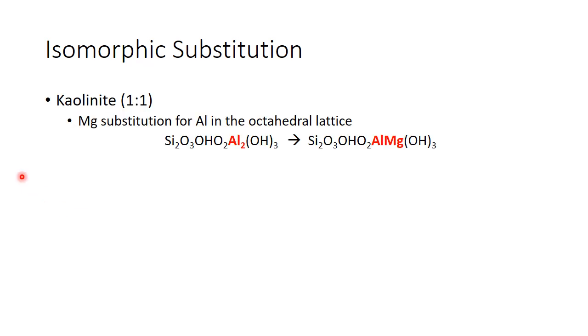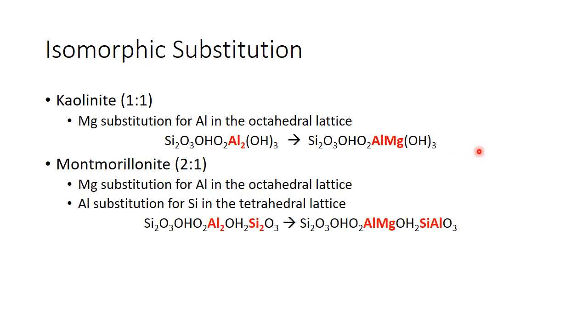And if we look at the chemical formulas for minerals, if there's no substitution, in the case of kaolinite, we have aluminum present, but when there is some substitution, you would see both aluminum and magnesium described. Another example is montmorillonite, where we can have substitution in both the octahedral and tetrahedral layers.